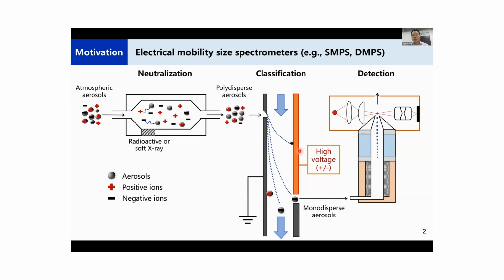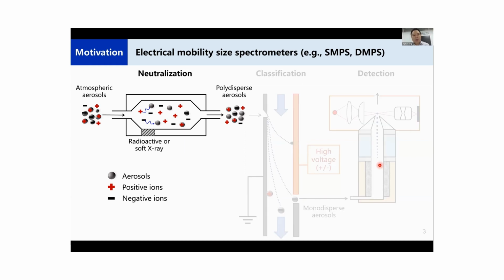Then we send them into a mobility classifier to select them based on their electrical mobility. So conventionally, we use either high positive voltage or negative voltage to select charged particles of one polarity. Then we send them into either a condensation particle counter or an aerosol electrometer. We can count these selected particles.